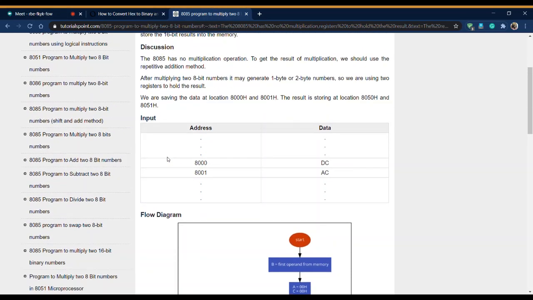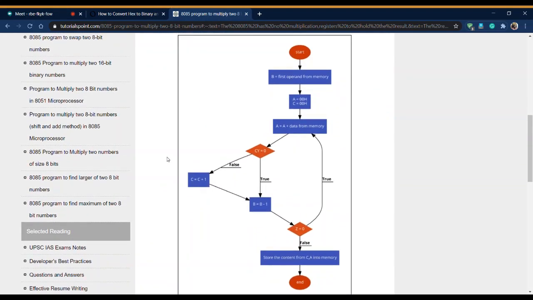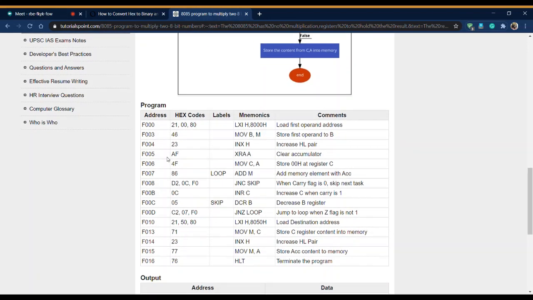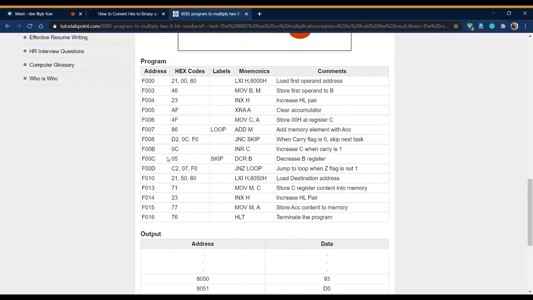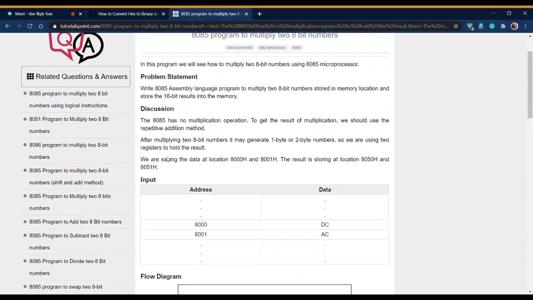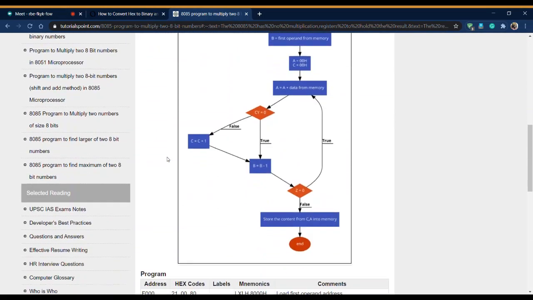And you can use the concept of your nested loop. Yes or no? Yes, sir.